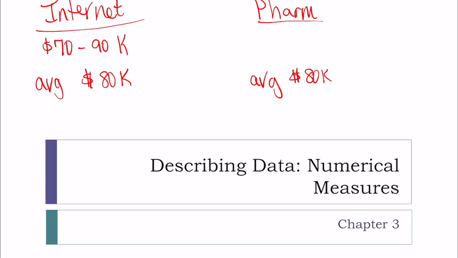If we were just looking at the averages, we might think the executive salaries for these two industries are identical. But what if I told you that on this side the minimum was 40, a good bit lower than 70, and the upper end was 120, a good bit higher than 90? There is a lot more variation or spread in this range, even though the two averages are identical. Hopefully that gives you an idea of what we're going to talk about in Chapter 3.